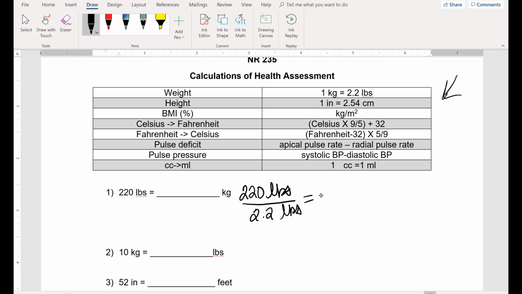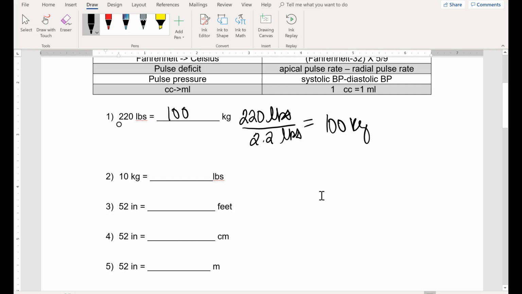And what do you guys get? I get 100 kilograms. Is that what you guys got? I hope so, because that's the right answer. Okay.